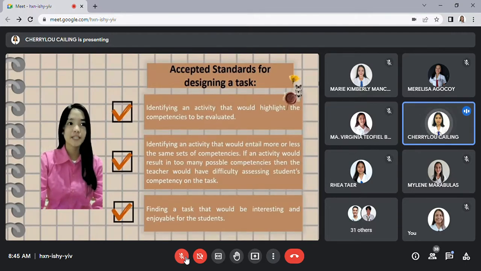If an activity would result in too many possible competencies, then the teacher would have difficulty assessing students' competency on the task. Third, finding a task that would be interesting and enjoyable for the students. Tasks such as writing an essay are often boring and cumbersome for the students.